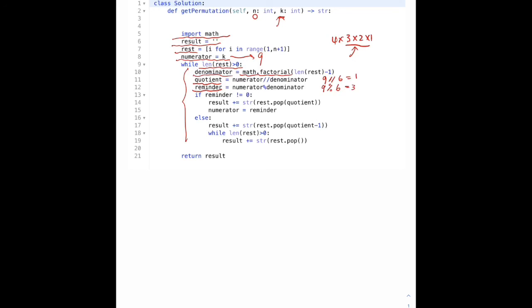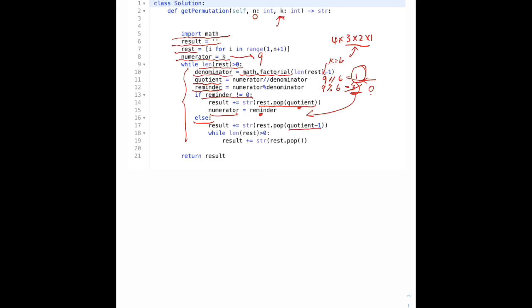If the remainder is not 0, we pop out the index of quotient from the rest, add it to the result, and update the numerator using the remainder. If the remainder is 0, that's perfect because we know the number must be the last number of the block. So we just take the first number first.